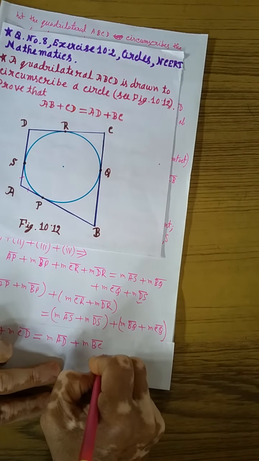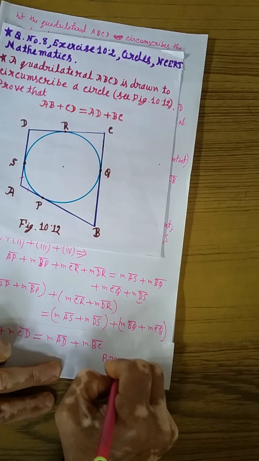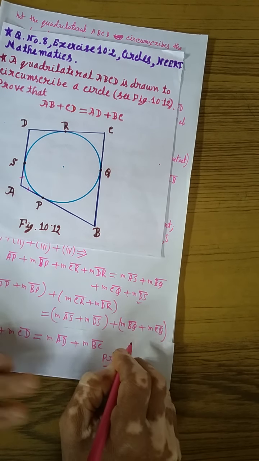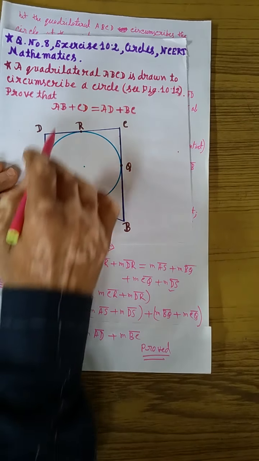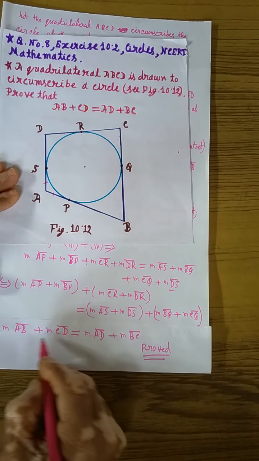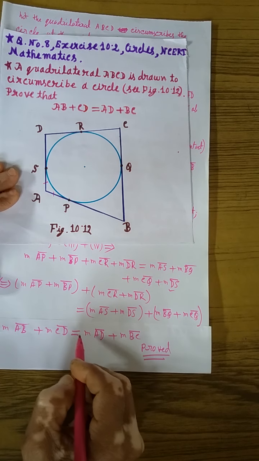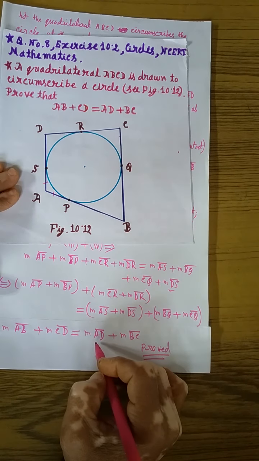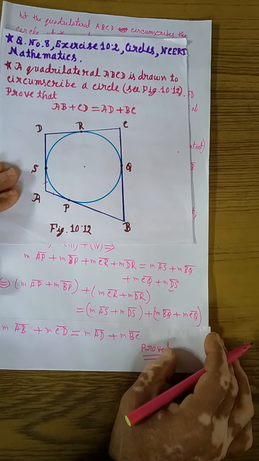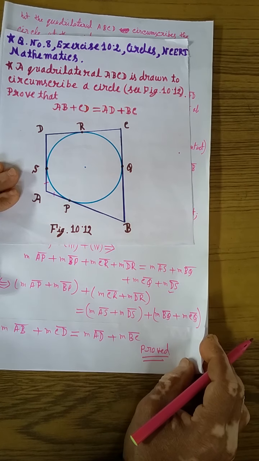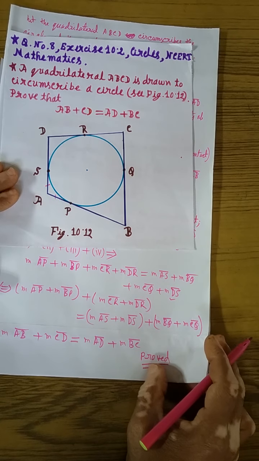After this, write proved. We had to prove measure of AB plus measure of CD on the left hand side is equal to measure of AD plus measure of BC. So the sum has been proved.